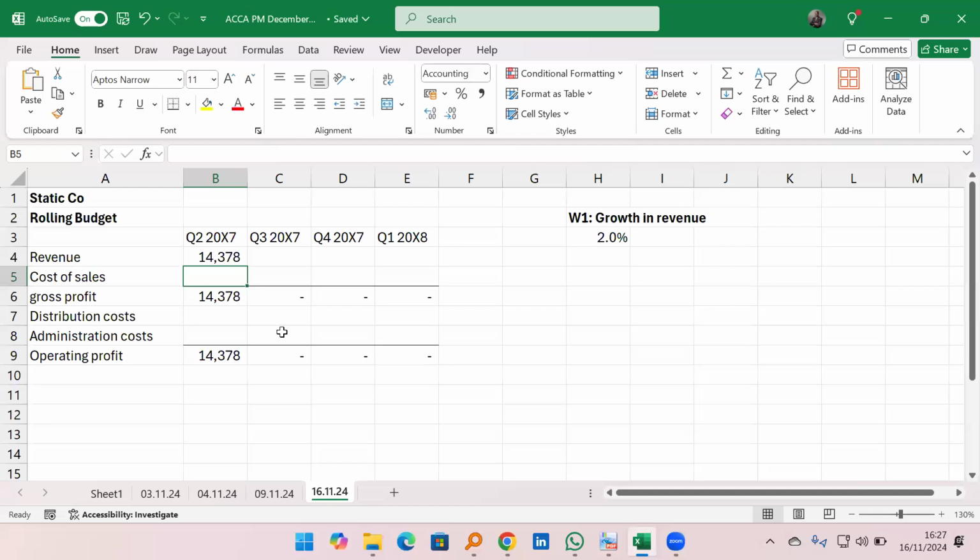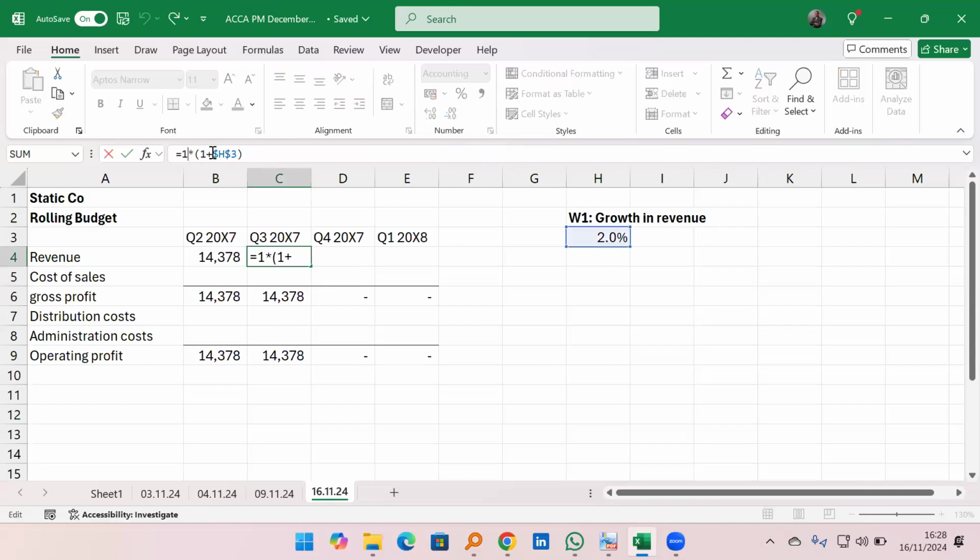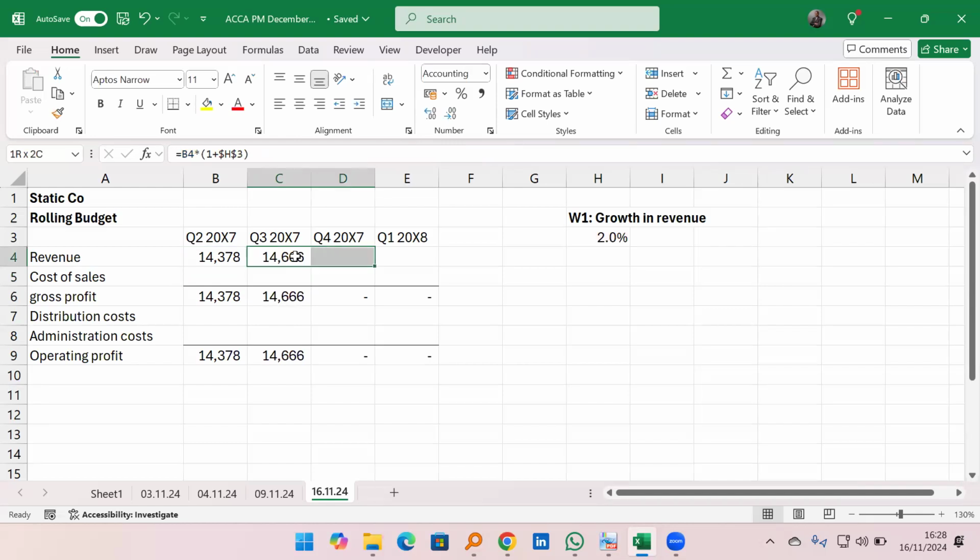That becomes 14,378, and I can grow it for the other quarters, because ideally what I need is to grow the previous one by 2%. So 14,666, then you finish it for the rest of the periods: 14,959 and 15,258. So that is the revenue.